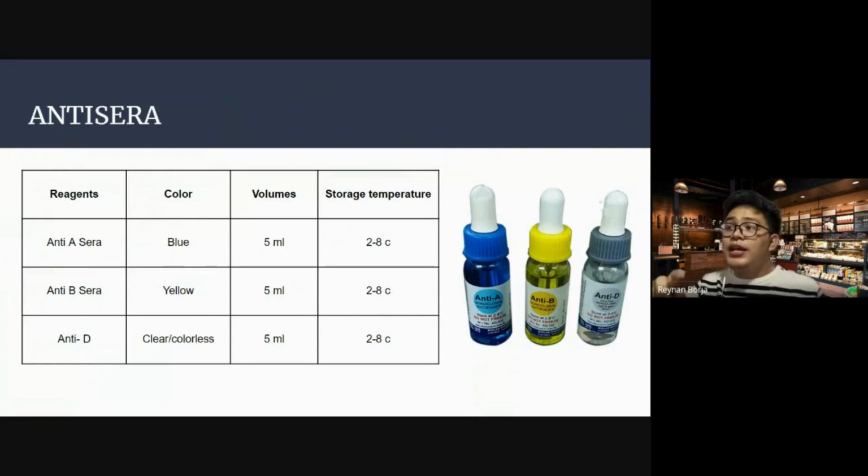Tama? Saan si antibodies? Nasa plasma. So kapag sinalinan mo siya ng whole blood, which is merong plasma, so meron siyang antibody. So pwedeng magka-transfusion reaction si patient. So that's why the best choice for universal donor is your O PAC RBC or PAC red cell.